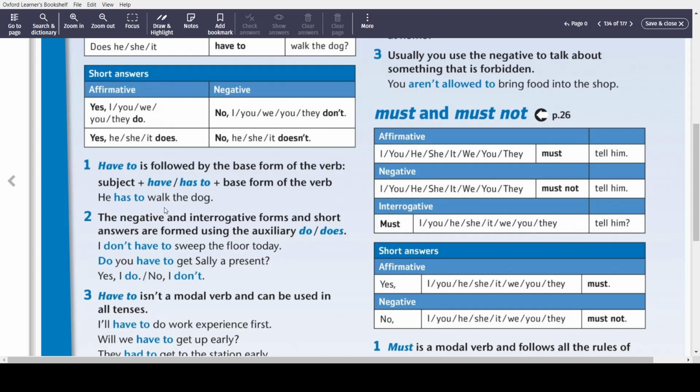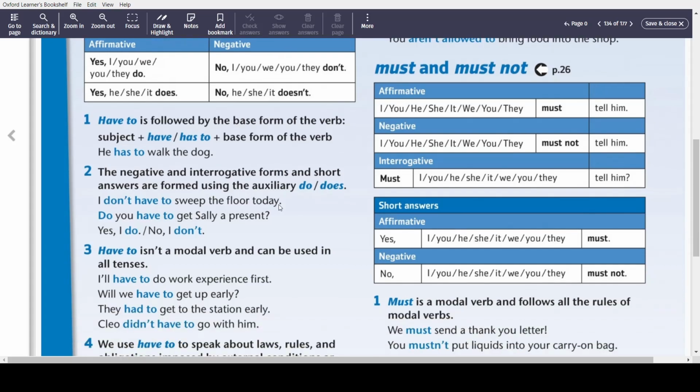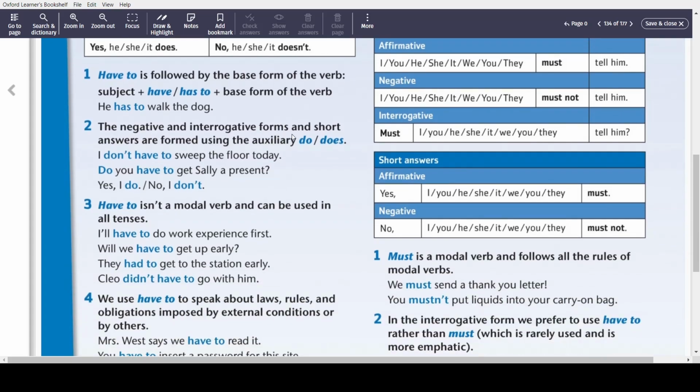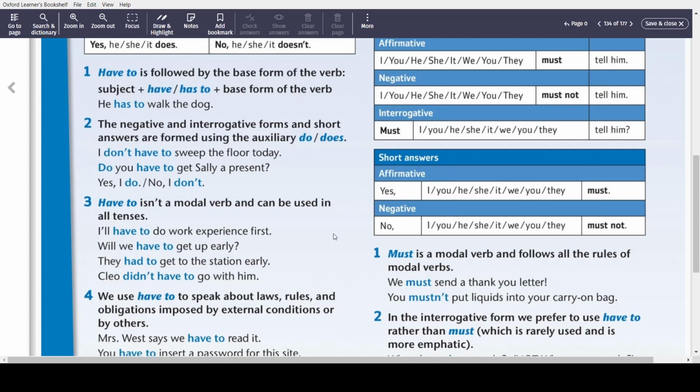He has to walk the dog. This is very important. The verb that goes at the end is in the base form, okay? It doesn't change. Then in the negative and interrogative forms, we use auxiliary do or does. Depends on what we need, depends on the pronoun.